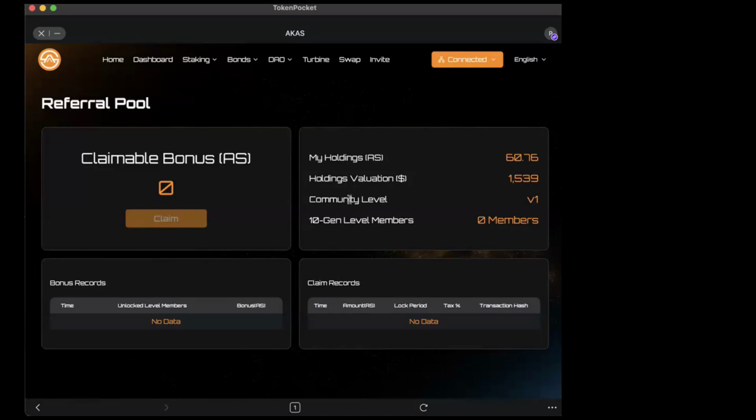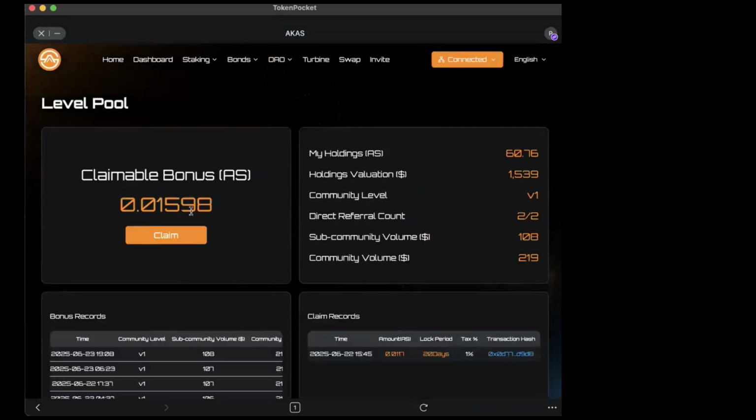But if, for instance, your downline is higher than you, do you get cut off, or can you still earn 5%, or 10%? You can still earn 2%, on top of their level reward. Can you imagine if you have one direct downline and the claimable bonus is 20 AS tokens every day?